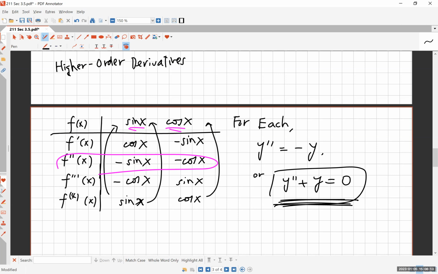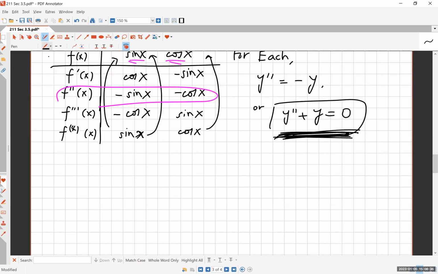And it turns out, the only functions that would satisfy this differential equation happen to be sine of x, cosine of x, their multiples by constants, and any linear combination of these. Okay, so that's something to remember. And it gives you an insight as to how important sine and cosine functions are in the world in which we live.